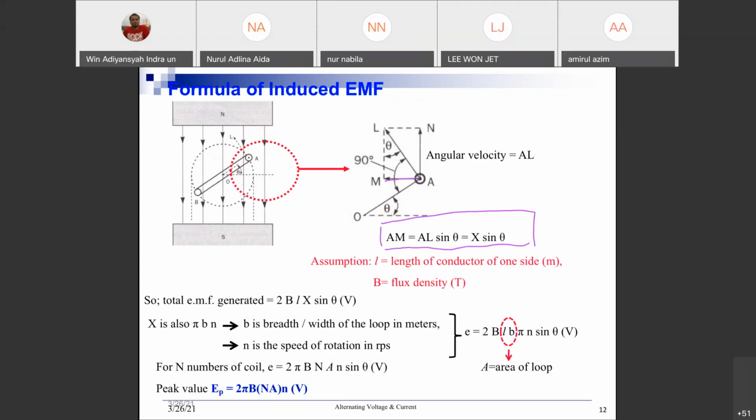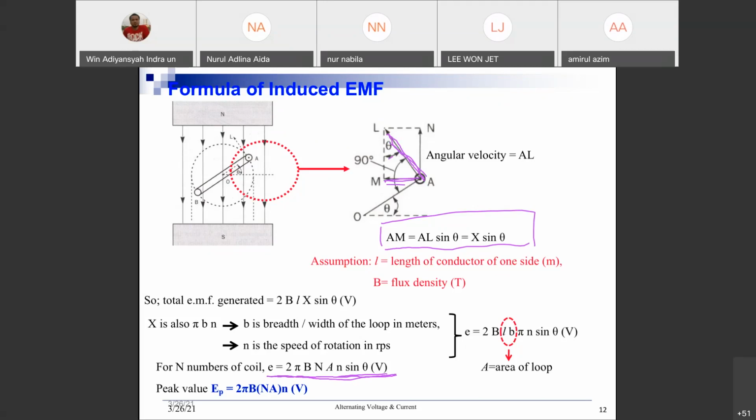This is AL. So to find AM, it is AL sine theta here. But this one is also important.